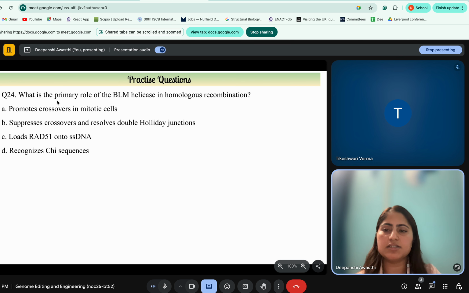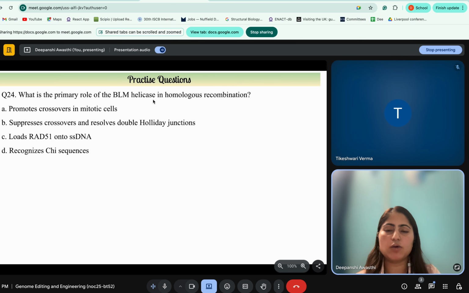So the next question is, what is the primary role of the BLM helicase in homologous recombination? Option A, promotes crossovers in mitotic cells. Option B, suppresses crossovers and resolves the double Holliday junctions. Option C, loads Rad51 onto single-stranded DNA, and option D, recognizes the chi sequences.